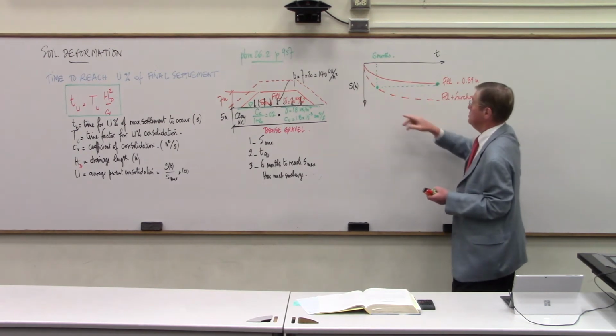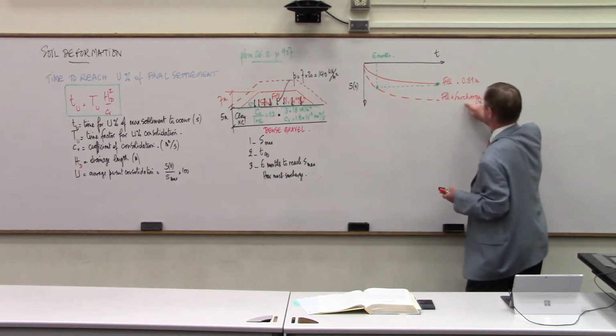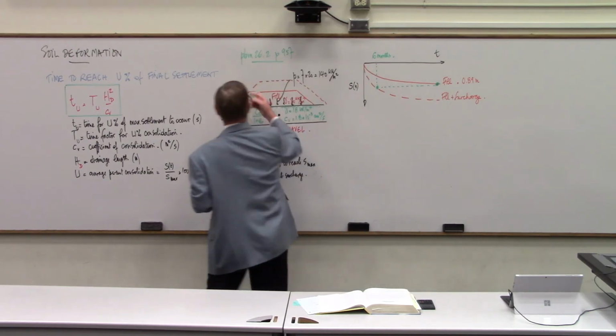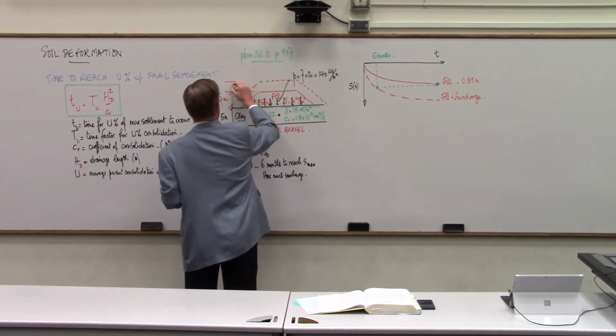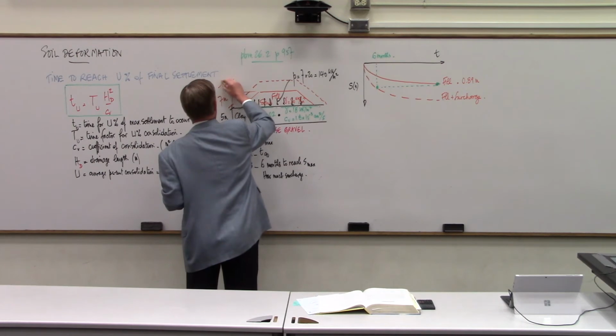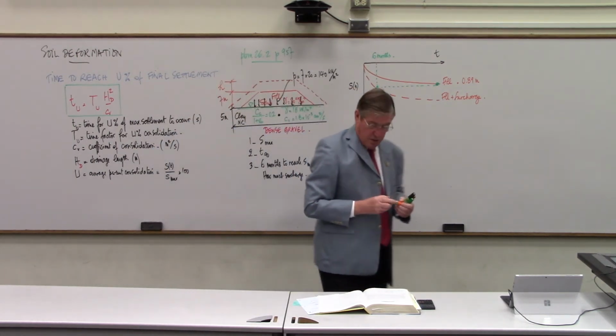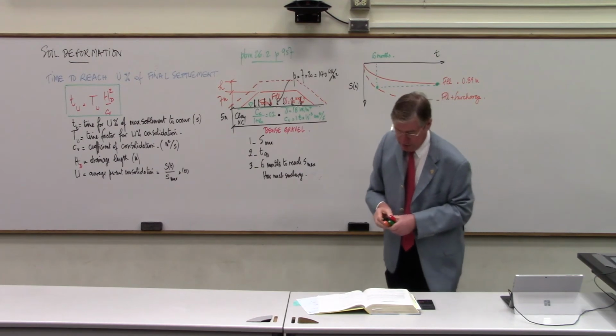The question is, how much surcharge do I have to put on top of the fill to be able to get there? We'll call the surcharge height H. So let's go through that process.